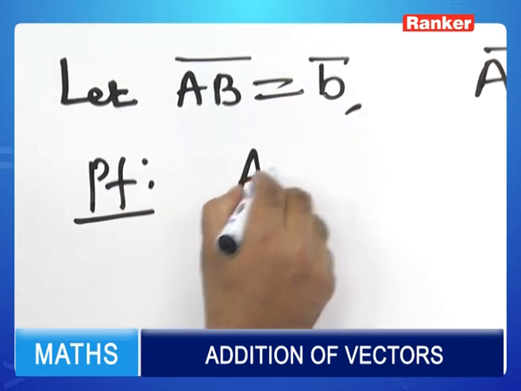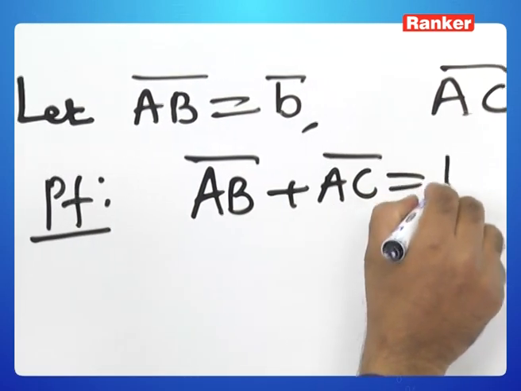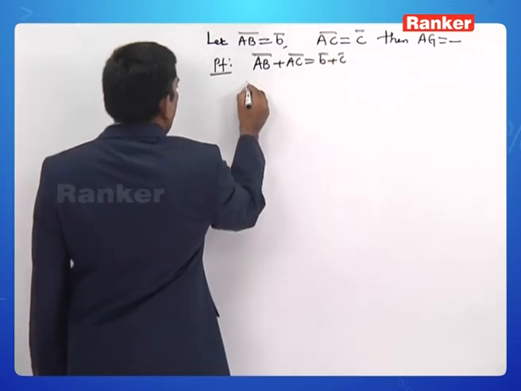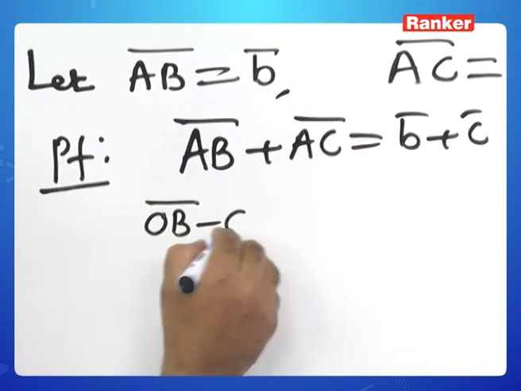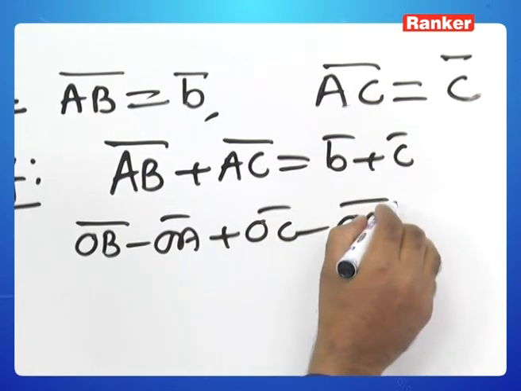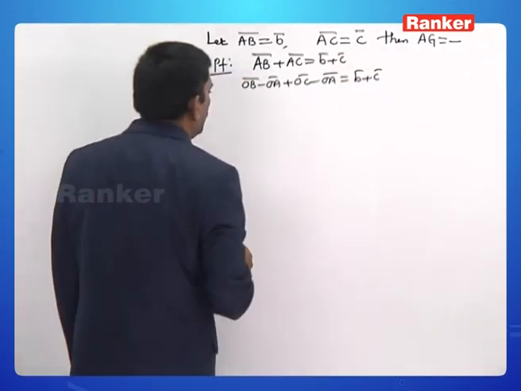Now AB bar plus AC bar is equal to B bar plus C bar. This vector can be expressed as OB minus OA, OC minus OA is equal to B bar plus C bar.